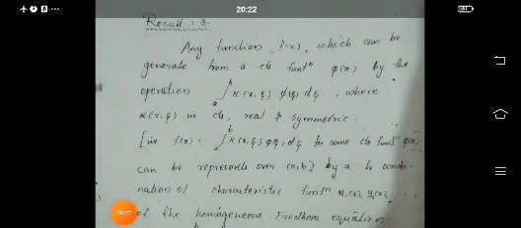Any function f of x which can be generated from a continuous function phi of x by the equation integral a to b k of x, theta, phi of theta d theta, where k of x, theta is continuous, real and symmetric.